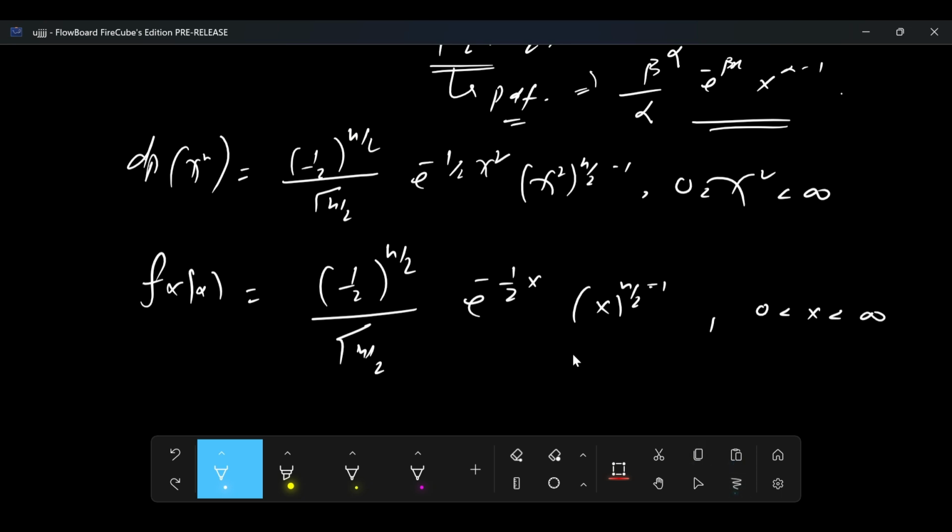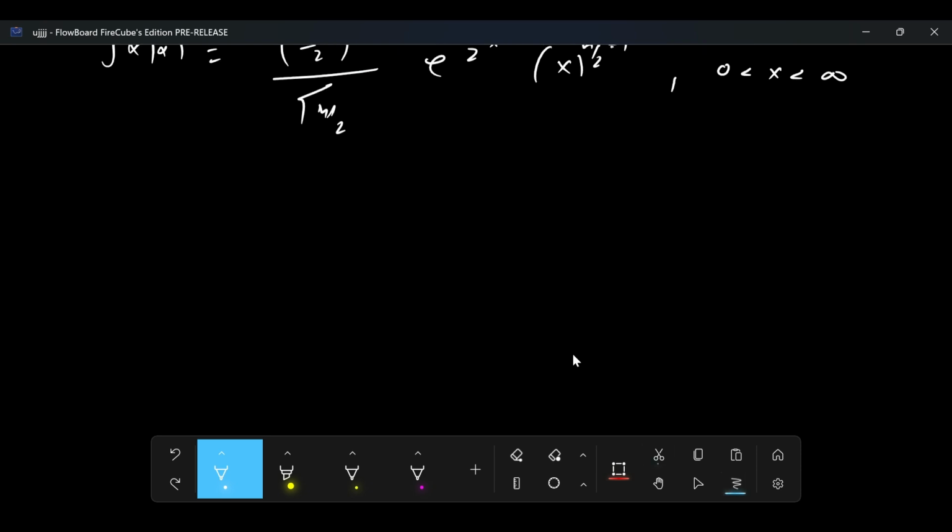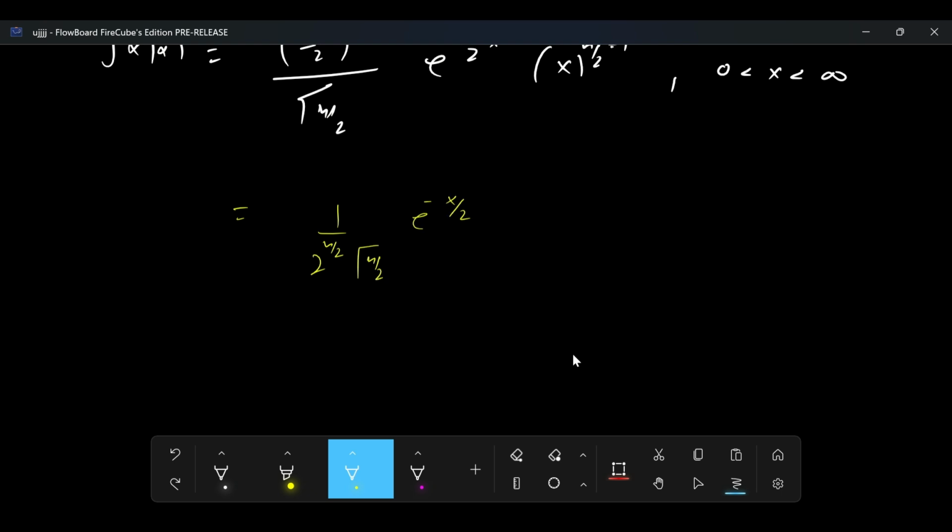Clear? So this is also equal to 1 by 2 to the n by 2 gamma n by 2, e raised to the power minus x by 2, x to the power n by 2 minus 1. So this is the derivation of chi square n.